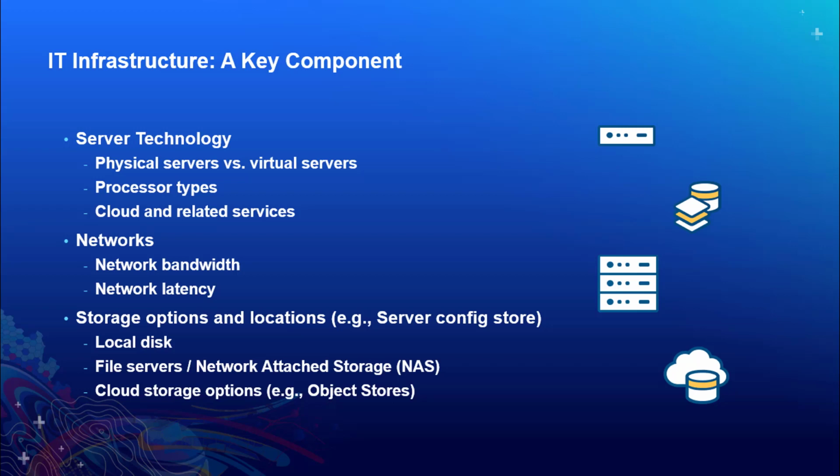So with our IT infrastructure, there are multiple factors that can impact scaling, and some of these factors can be controlled, such as the server we deploy onto, whether that's a physical server or a virtual server. We might have different choices in the data center, and choose the fastest processor type, for example.